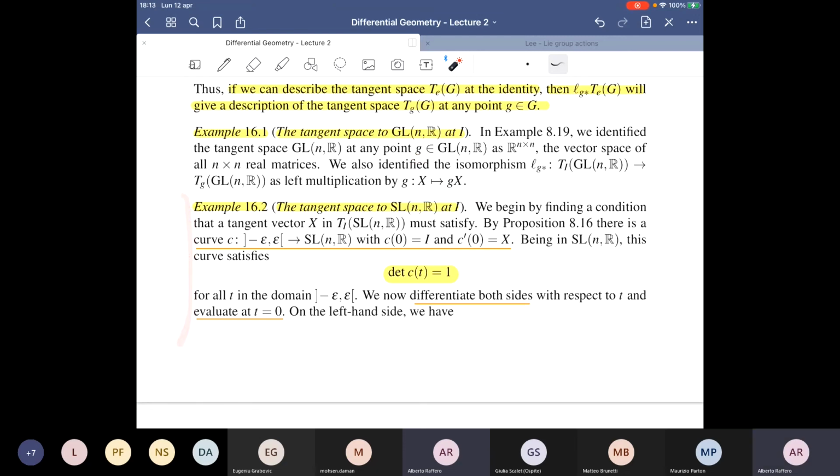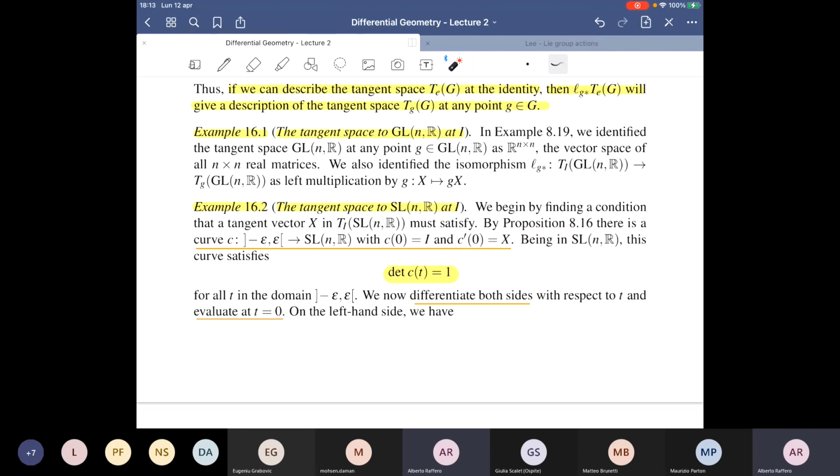To compute the tangent space to the special linear group at the identity, what you have to do is consider a curve inside the special linear group starting at the identity with tangent vector any vector in this space. We can always find such a curve using the proposition discussed in the first lecture.